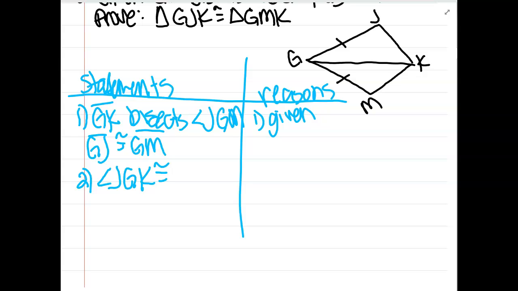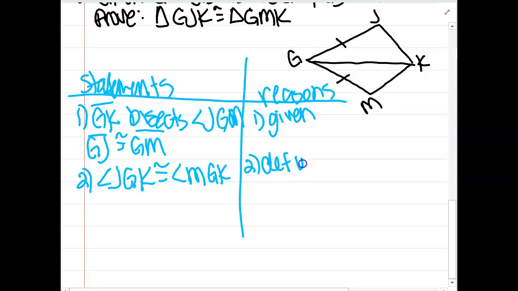MGK. And remember, you could switch the K to the G, or the K to the M, that would be fine, as long as the G's in the middle. Now, how I know that is because there's an angle bisector. This is the definition of angle bisector.